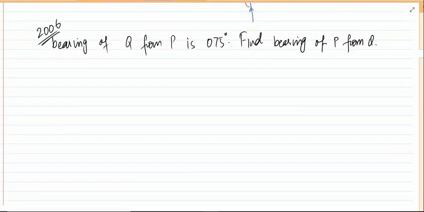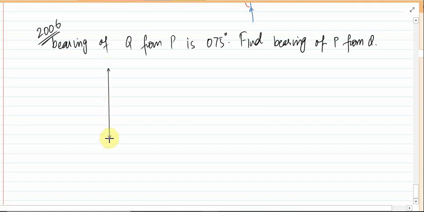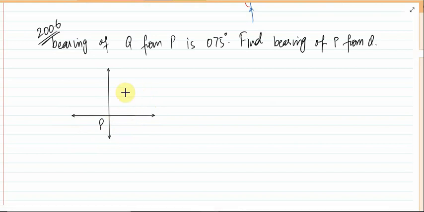It says bearing of Q from P. The first step, I need to make the north of P. So let's say I have drawn the north of P. This point is P. Now Q is 075, which means it is in the first quadrant, right?